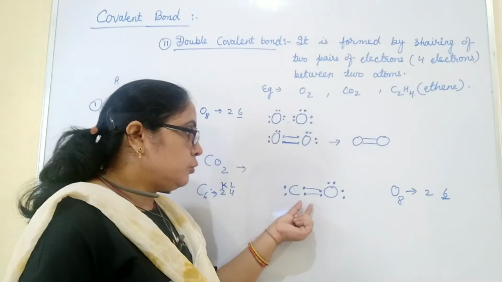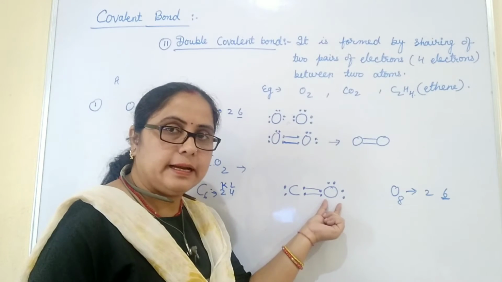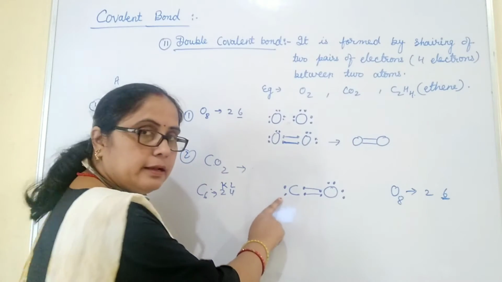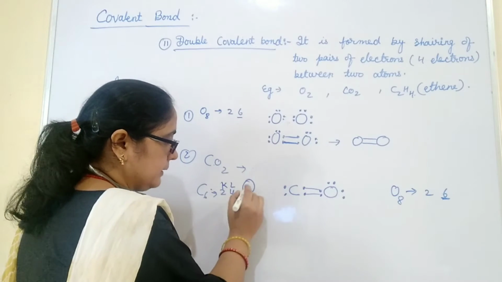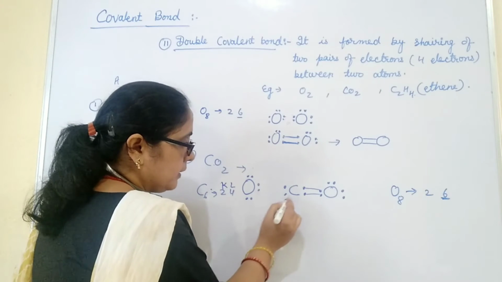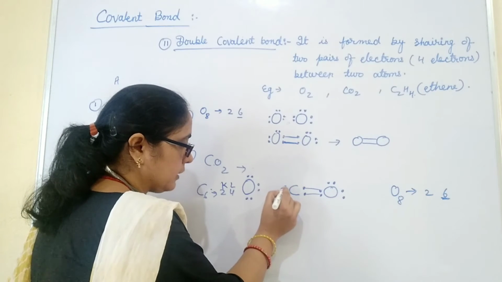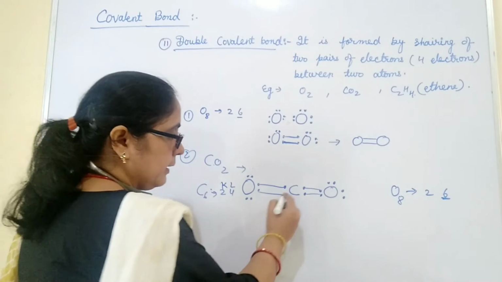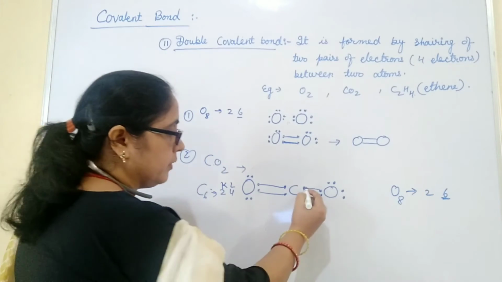So two valence electrons of carbon are shared with this oxygen atom, while it has 2 more valence electrons left, so it also combines with another oxygen atom, which also contains 6 valence electrons. That's why the remaining 2 valence electrons of carbon are shared with another atom of oxygen, and in this way carbon and oxygen combine together by double covalent bond.